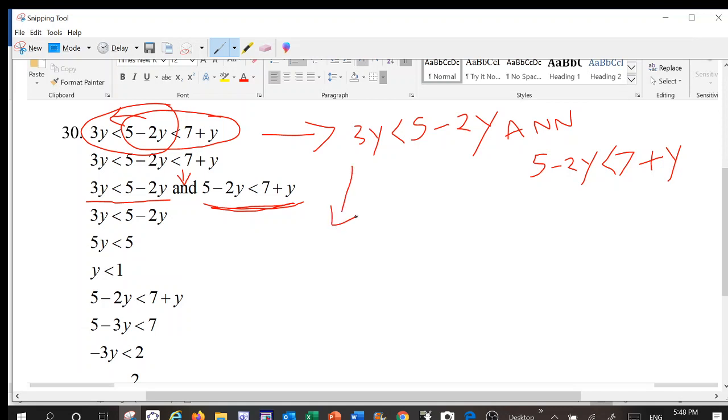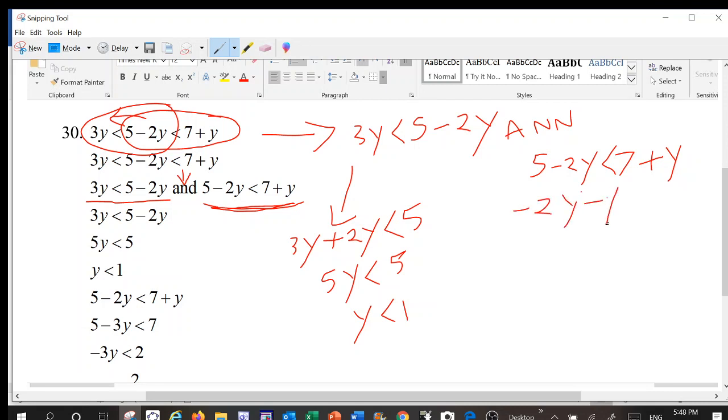I'm going to move the 2y to the left side, so I get 3y plus 2y is less than 5. That means 5y is less than 5, which means y is less than 1, right? And over here, I'm going to move the 2y. We can move the y to this side, doesn't matter. Negative 2y minus y is less than 7 minus 5.